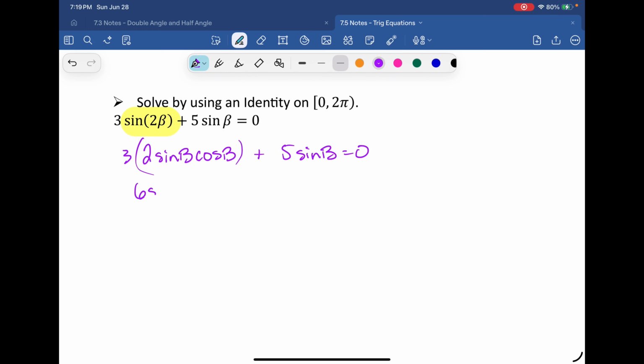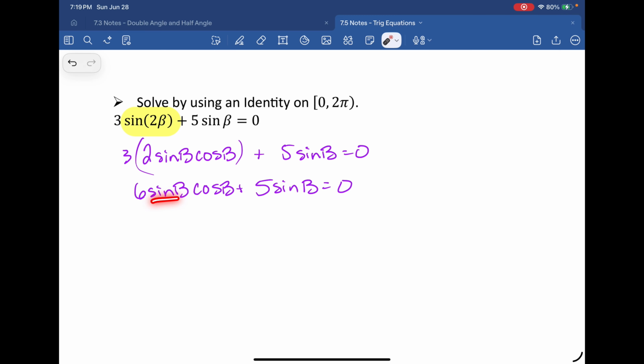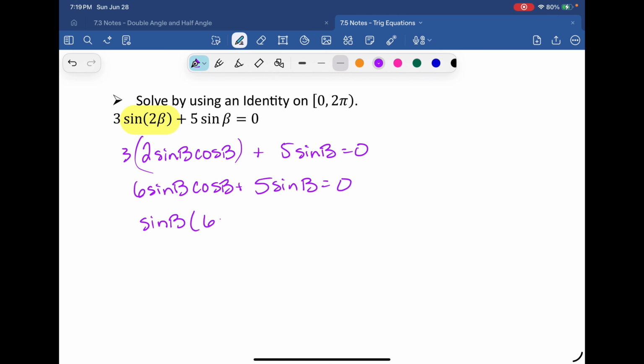Distribute. And then what I'd want to see now is if I have a GCF. And I do. Fine. I'm going to pull the sine out. Sine beta times 6 cosine beta plus 5. Set each of those equal to 0.